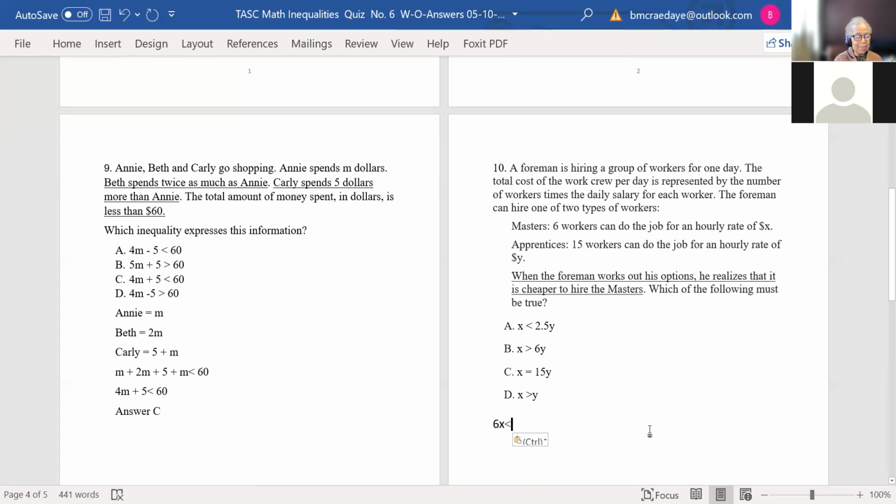What do I put on the right side of the inequality? No, how many workers? 15. Yes, there are 15 apprentices. So that's less than 15 times their hourly wage, which is y. There's your inequality: 6x less than 15y.